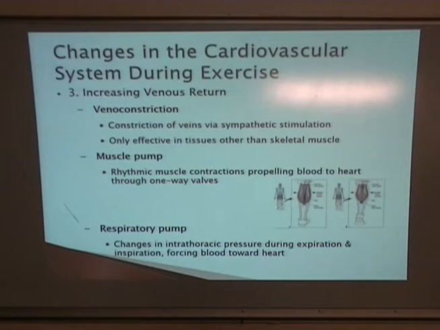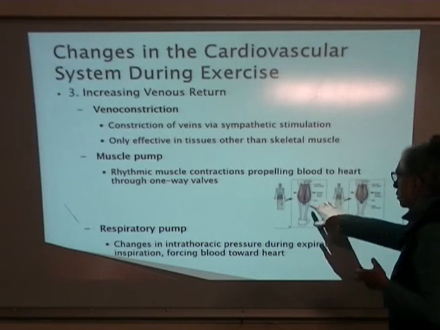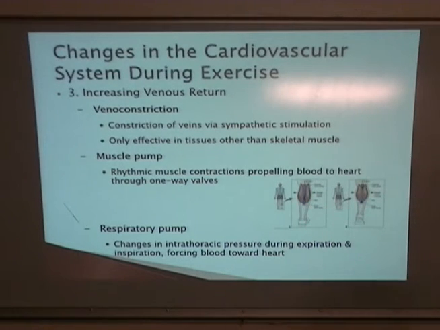At rest, the veins have about 65% of our total blood volume sitting in those veins. The other thing that helps with venous return, because we've got to get more blood back to the right atrium so that it can go and collect oxygen, is these muscle pumps in large muscles. There's a really nice diagram in the book of the gastrocnemius muscles.